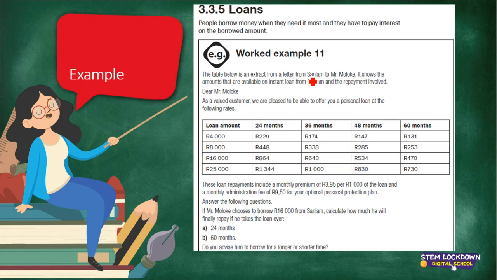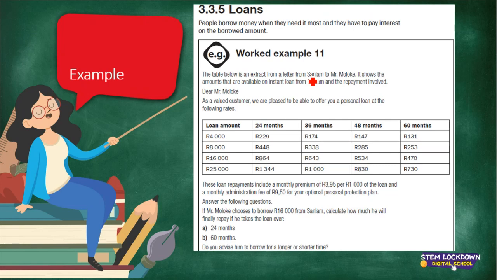The 24 months is 2 years. Remember, there are 12 months in a year, right? So 24 divided by 12 is 2. And how many years is 36 months? You should know that 36 months is 3 years. 36 divided by 12 is 3 years. Can you write that?